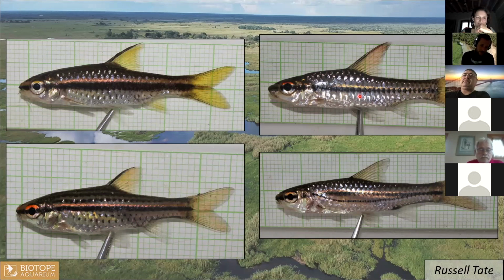Unfortunately, the technique that I use to take photographs sometimes doesn't actually capture the best of the fish. If I had to describe it, the common name is copper stripe barb, and this stripe that you see is a much more glamorous orange, or copper color, as the name suggests.